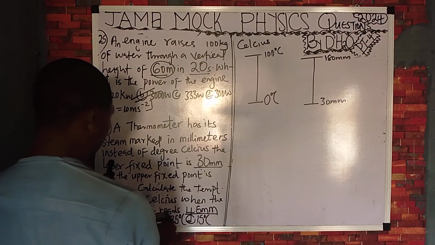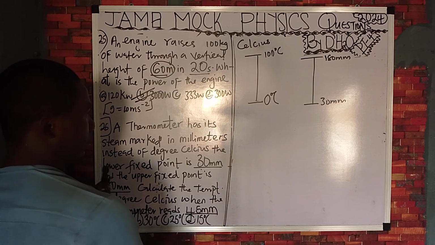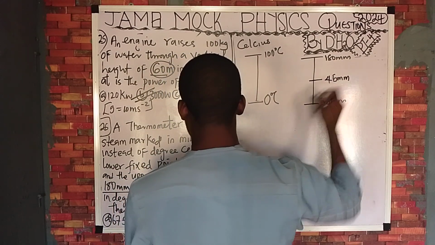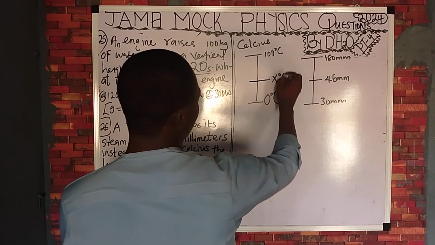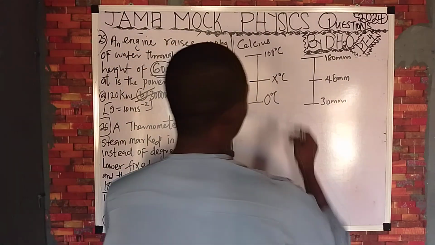Okay, now let us do this. Remember that they said we should calculate the temperature when it reads 45. So let's mark a point here as 45 millimeter. Let us calculate for the particular temperature in degrees Celsius. Now, if you want to do this, what do we simply do?